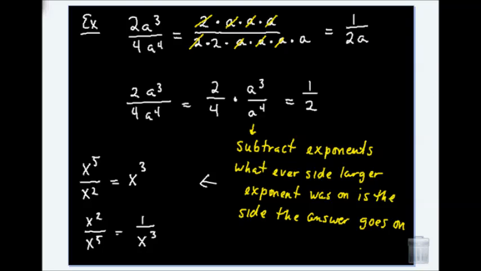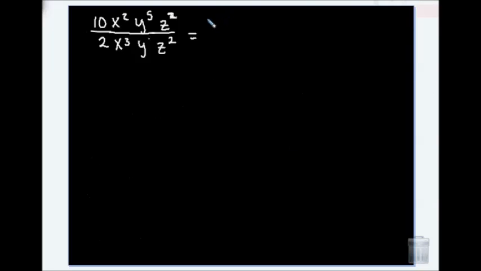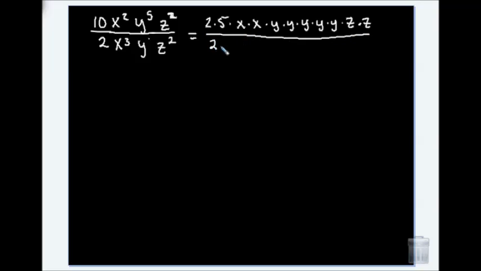To expand, I'm going to do 2 times 5 times x times y, y, y, y, y, and then z, z. And then on the bottom, I'm going to have 2 times x times x times x times y times z times z. Okay, so that's expanded.